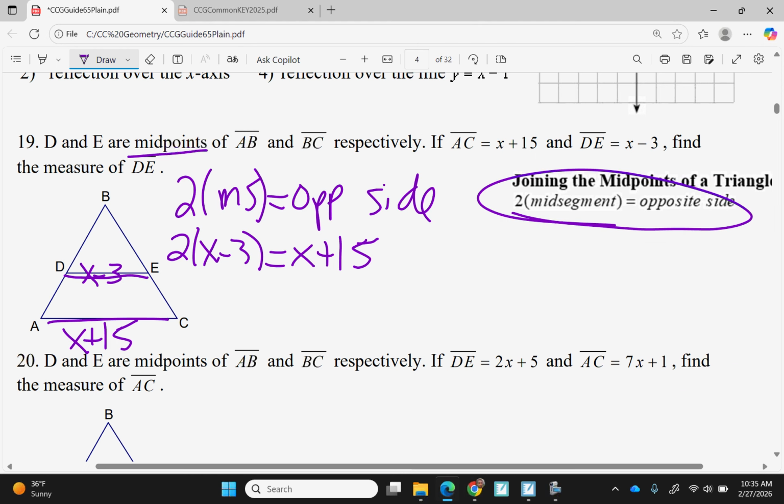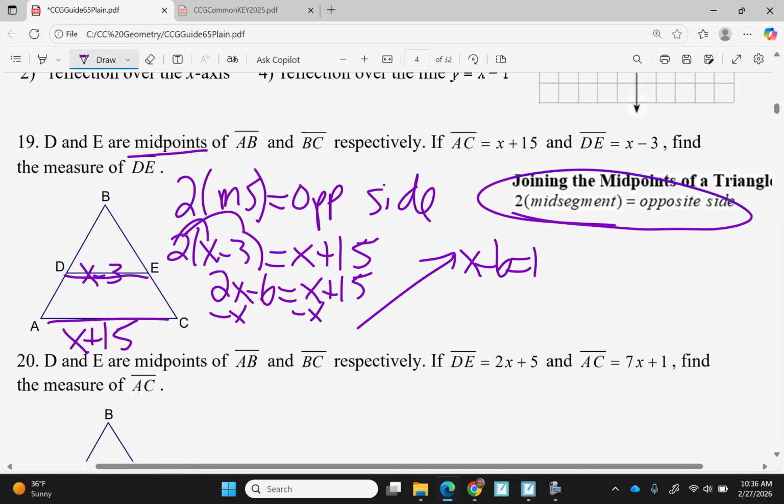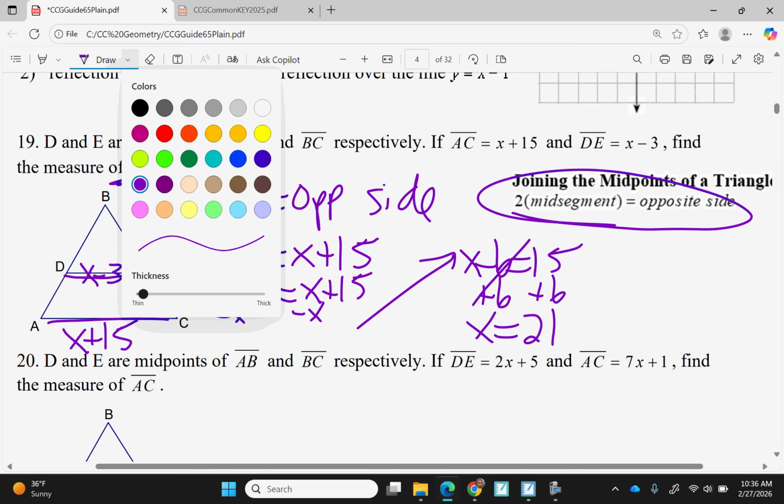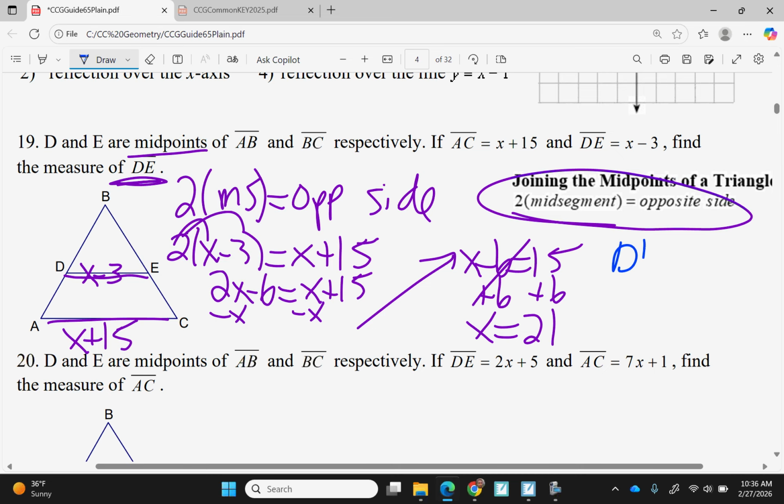If I'm doing the algebra, I distribute, minus x, x minus 6 equals 15, and I solve. Now make sure you always read carefully. The question's asking for DE, so DE is x minus 3.